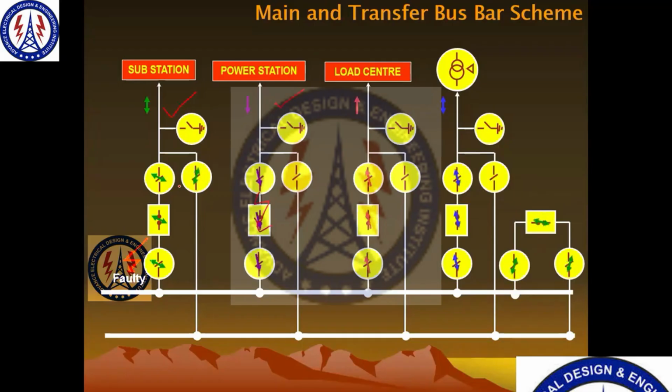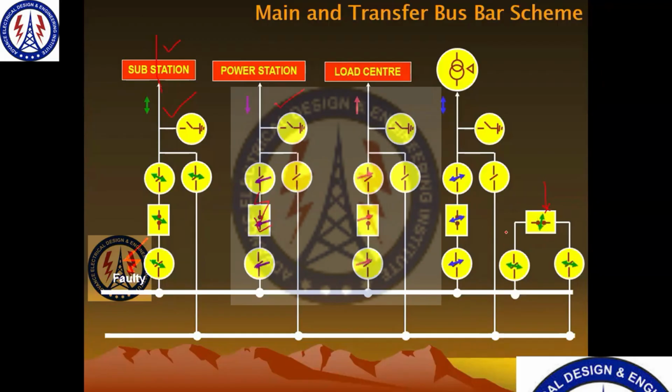Not these two feeders at a time, you cannot transfer to the TBC. Why? Because you need a circuit breaker for that particular bay, that particular feeder. So this circuit breaker is acting as a feeder circuit breaker for this feeder as of now. You require a second circuit breaker to act as the circuit breaker of this feeder.